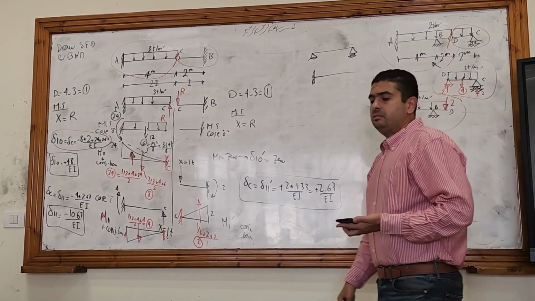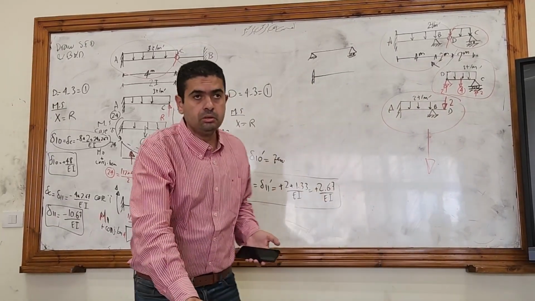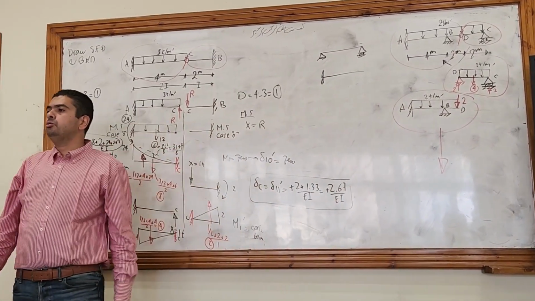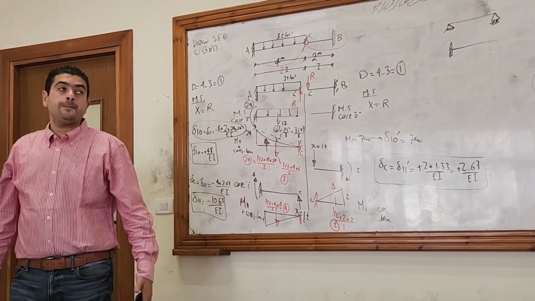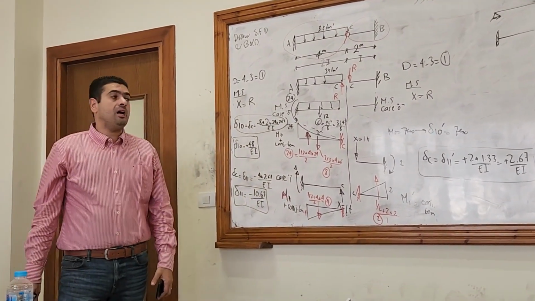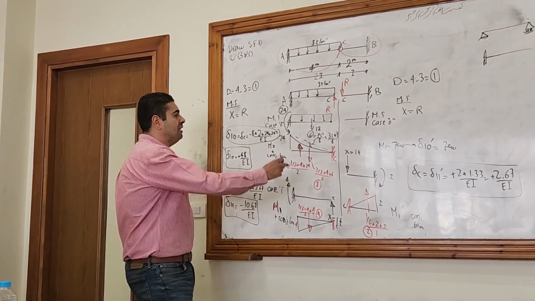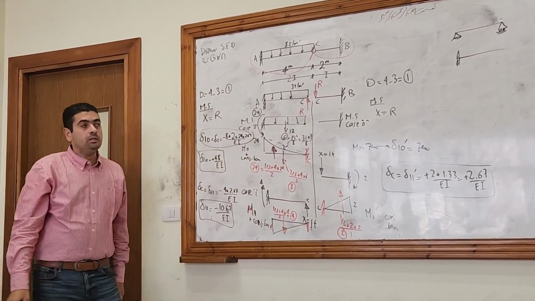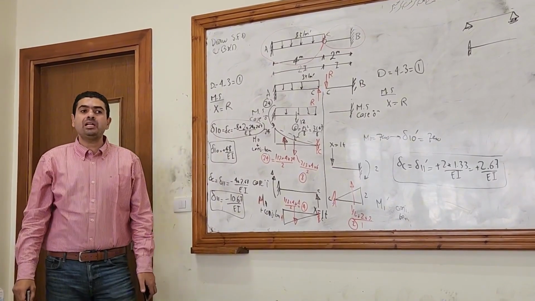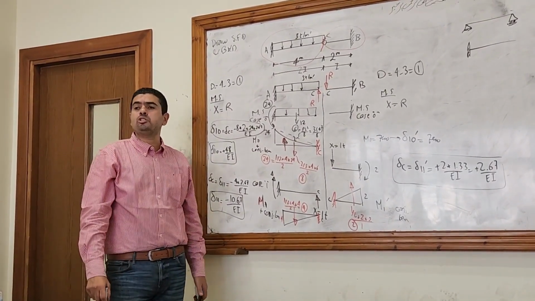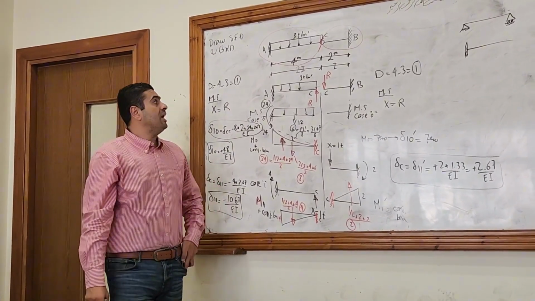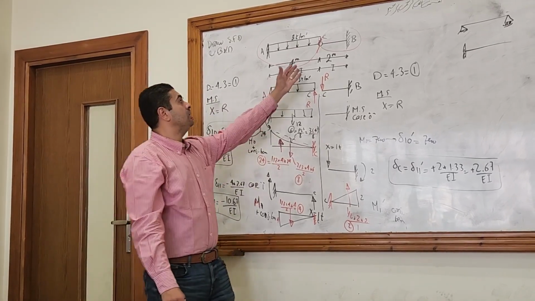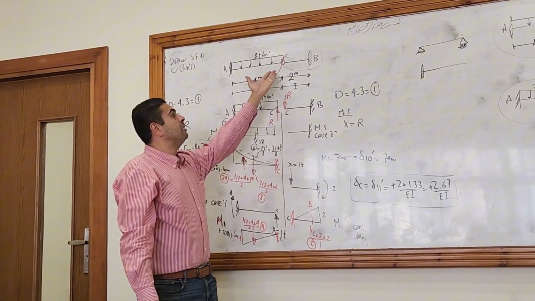What is the condition? Is it delta at C? I am calculating delta at C in both cases, right? Is the delta at C, the vertical displacement at C, equal to 0? Is there any vertical reaction at the main beam?